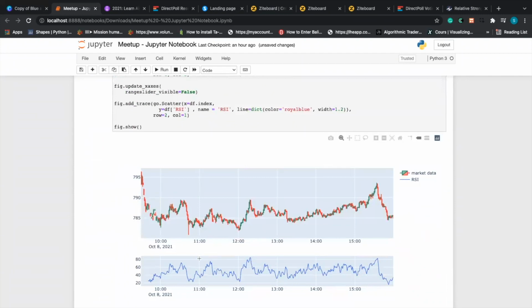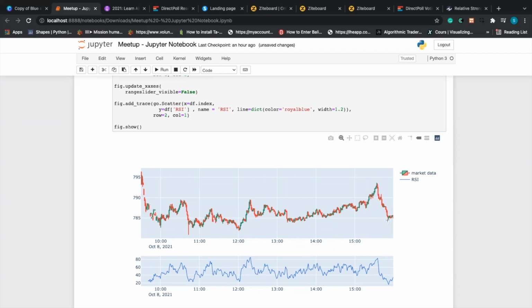How does the RSI work? When you have a high value of RSI, that means you have to sell. For instance, here the RSI went above 80%, which shows a strong selling signal. If you had used the RSI, you would have sold the market as soon as it got over 80, which is 3:34 p.m. And if you take a look, at 3:34 p.m. the market switched from a bull trend to a bear trend.